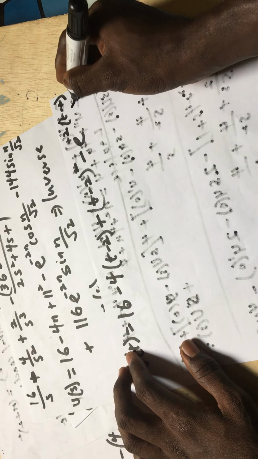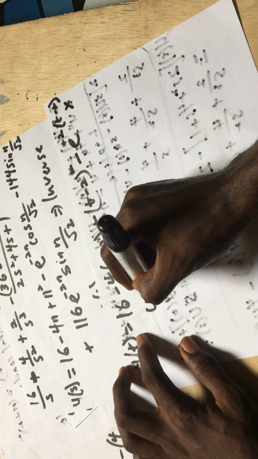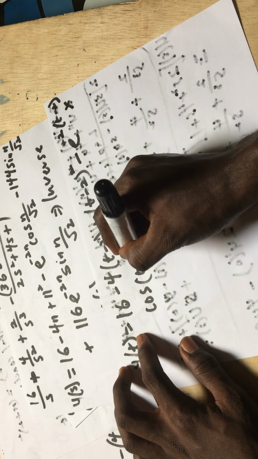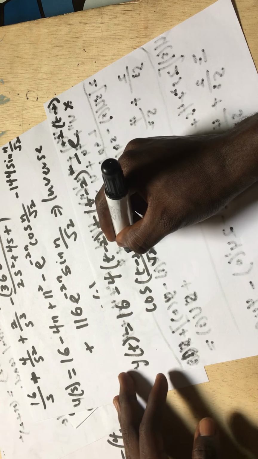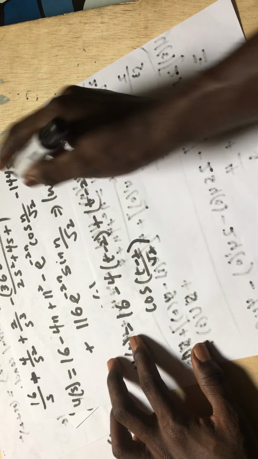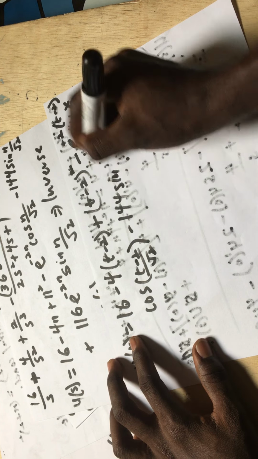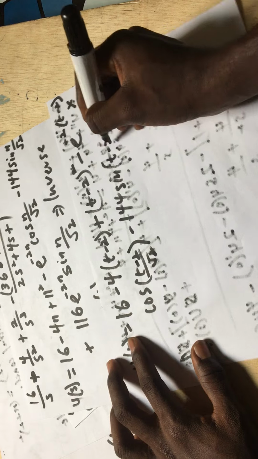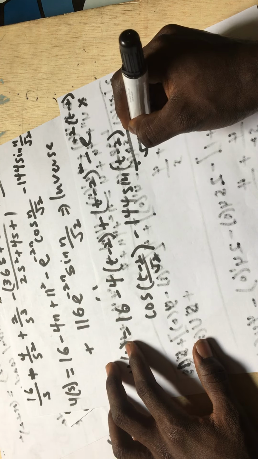Then this is multiplied by our cos of t minus 2 all over root of 2, and then minus 144 sine t minus 2, are you okay, all over root of 2.